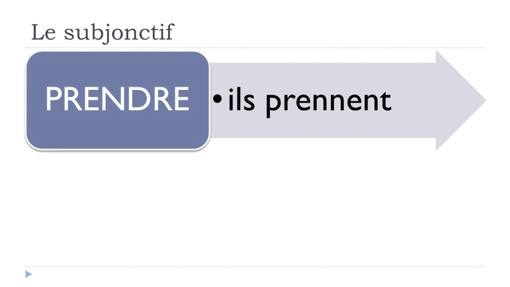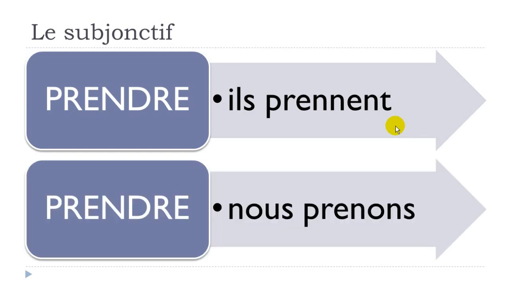As I told you, the idea is to take the present form of the verb. The first one that we should take is the third person plural, and it goes like ils prennent. Prendre is to take. Ils prennent, that's the present form. And then we've got nous prenons, because remember, we're using this nous prenons form for nous and for vous of the subjunctive.